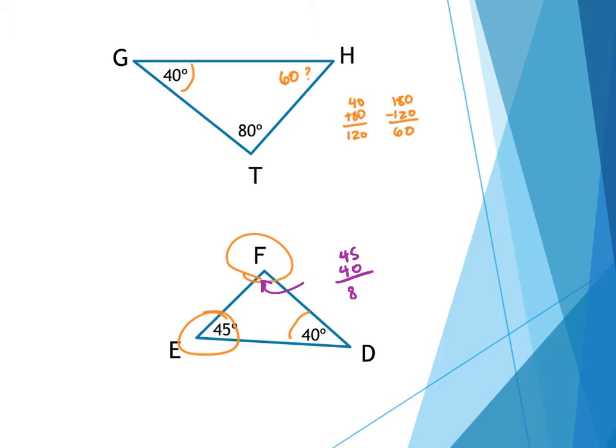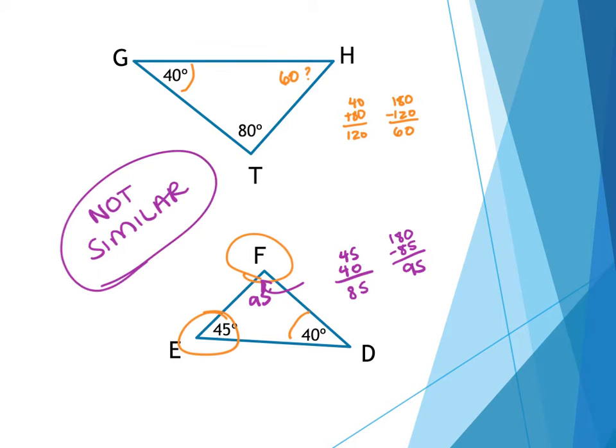Add these two together, I get 85. Subtract that from 180, and I get 95. So I only have one pair of angles that are congruent. I need two. These are not similar. So if you're basing it solely on angles, you need two pairs of angles that are similar.